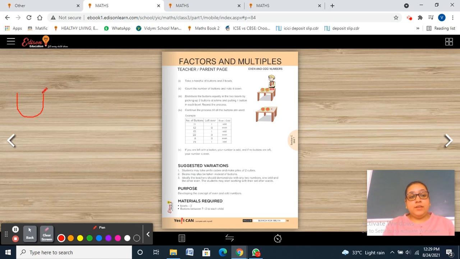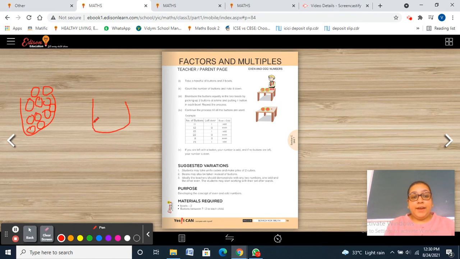Okay. For example, you will take this basket. You will put 11 things in this. You will take another basket now. You will make a pair of two, and then you will put two here. Then again two. Then again two. So you keep dividing two.